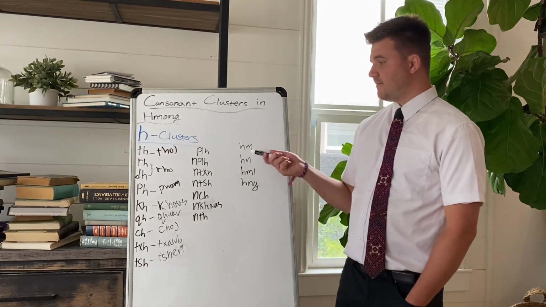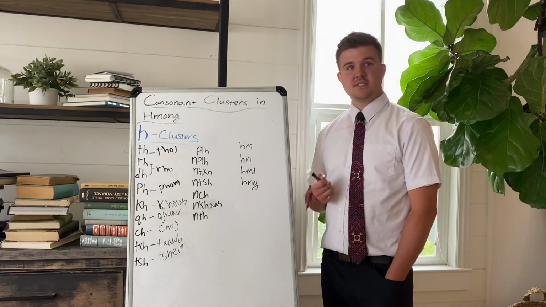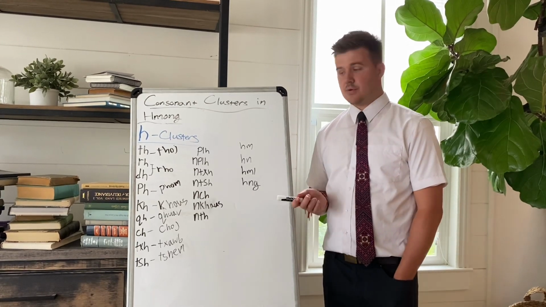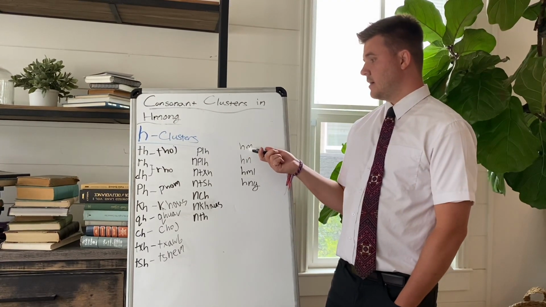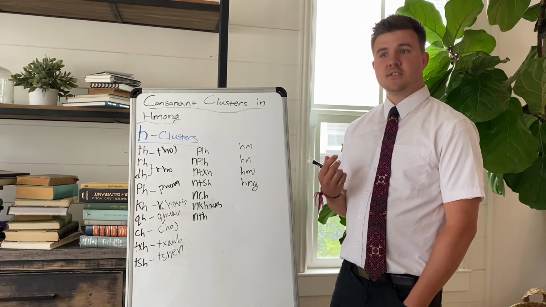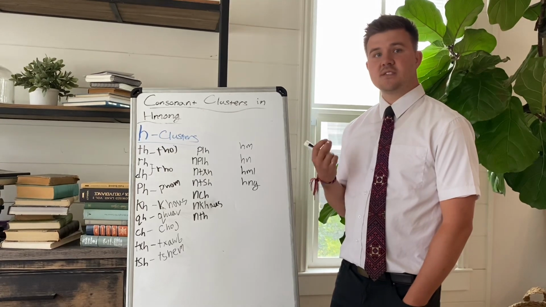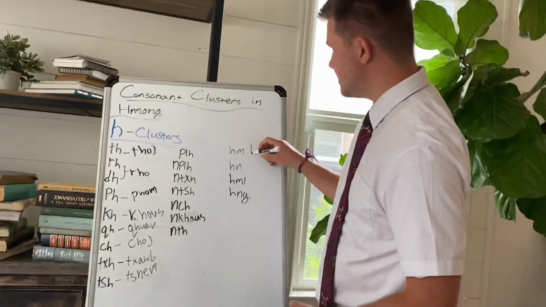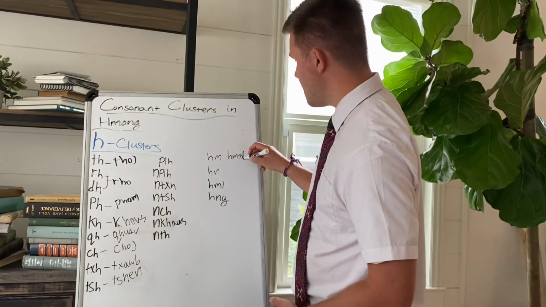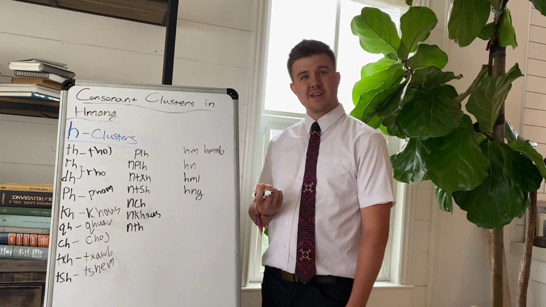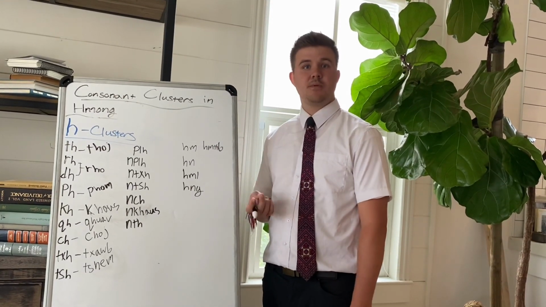Now the H before is different. This is not the aspirated sound. This is the voiceless sound. So instead of saying the M with your voice, ma, instead you say it without your voice, ma. Okay? And a good example of this is Hmong, which is the name for the Hmong people.